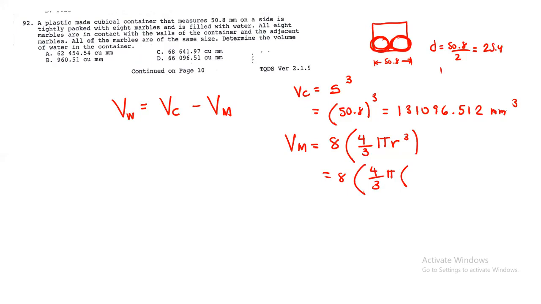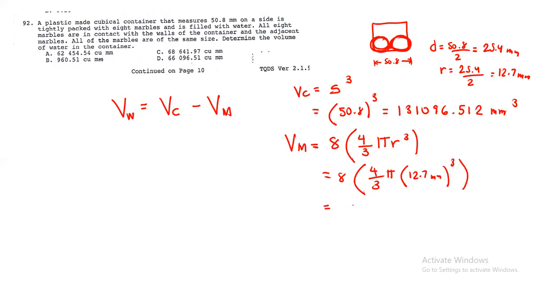So para makuha natin yung radius, so radius is equals to 25.4 divided by 2 is equals to 12.7 mm. So itong 12.7 ang sasalpak natin dito. Mm raised to 3. So ilan to?